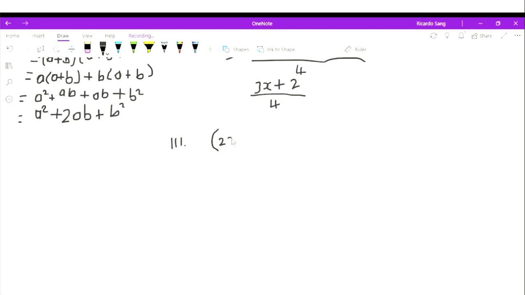And what we have inside here is 2x minus 3, close bracket, open bracket 3x plus 4.